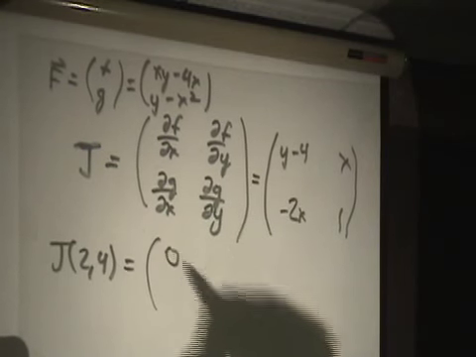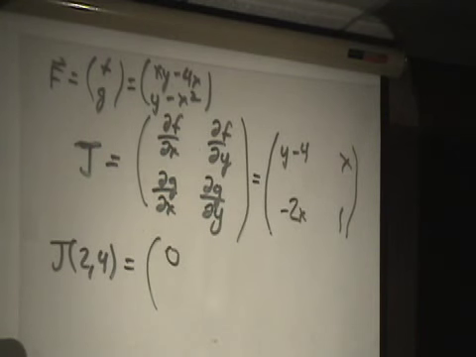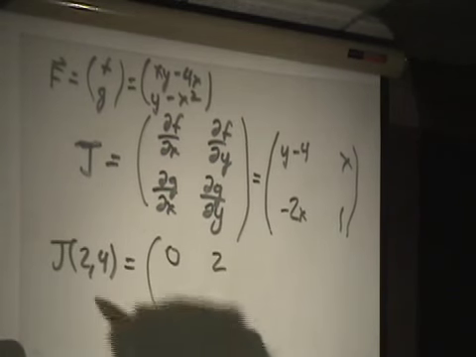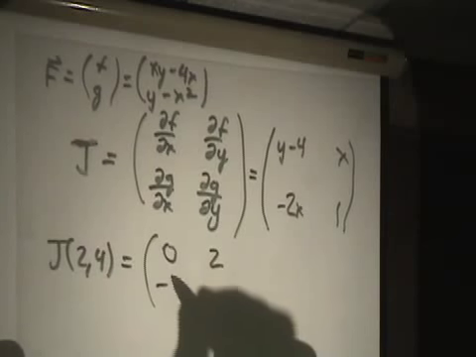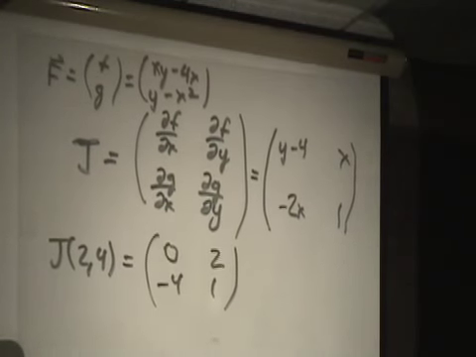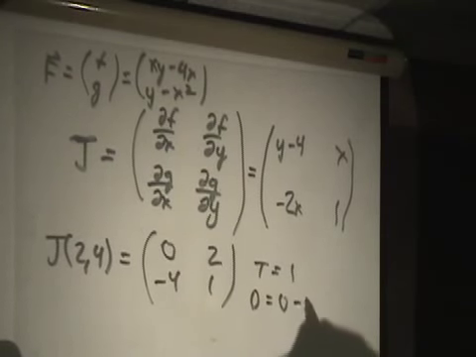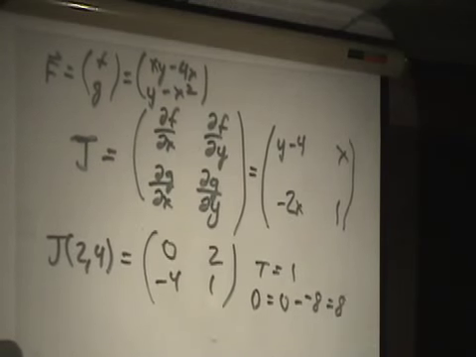So this upper left entry becomes 0. Just want to double check what I'm doing here. Hopefully I'm not making a mistake. X is 2, so plug in a 2 there. Negative 2 times 2 is negative 4. This is a 1. The trace of this matrix is 1. Determinant is going to be 0 minus negative 8, or plus 8.